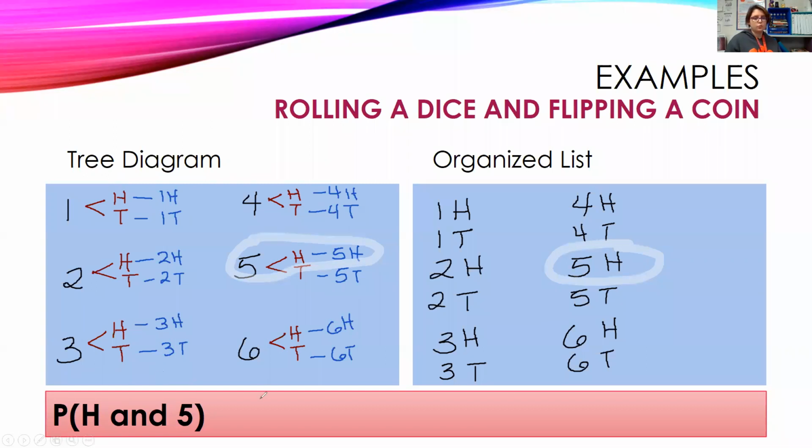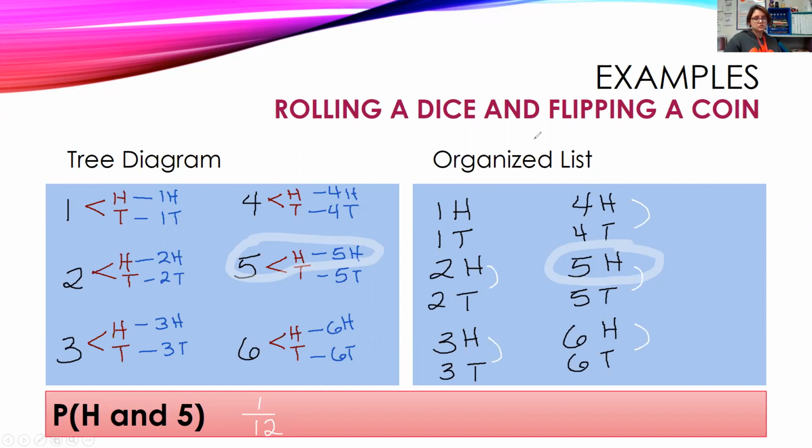So I have one outcome out of how many in total? Well, if I look here, I see 2, 4, 6, 8, 10, 12. So I have 1 out of 12 outcomes is a heads with a 5.